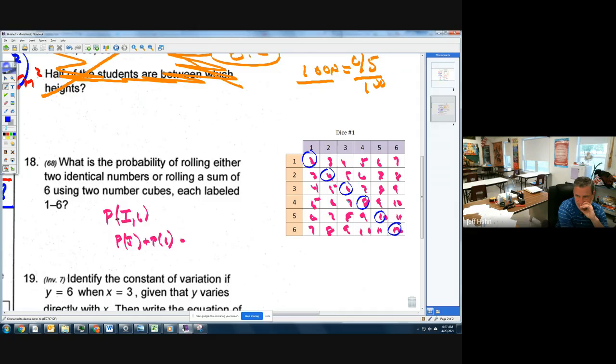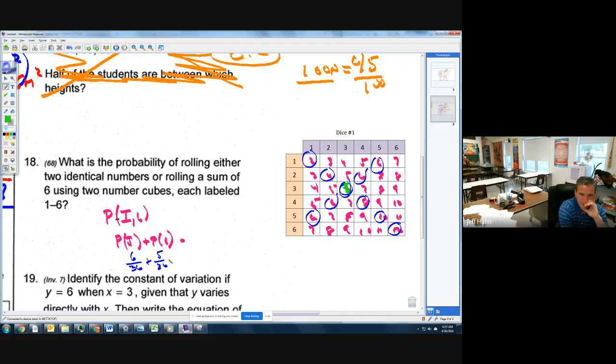So remember, there's 36 things there, and 6 out of 36 are doubles. Sums of 6s, there's 1, 2, 3, 4, 5 of them out of 36. But there is one time right here where they both happen at the same time.